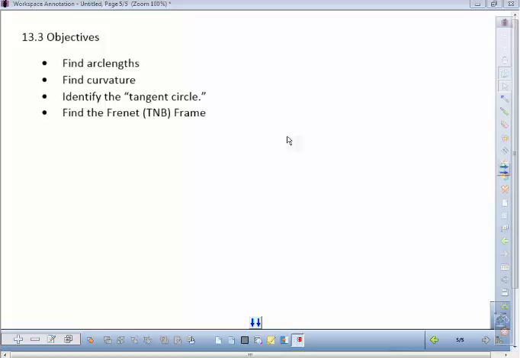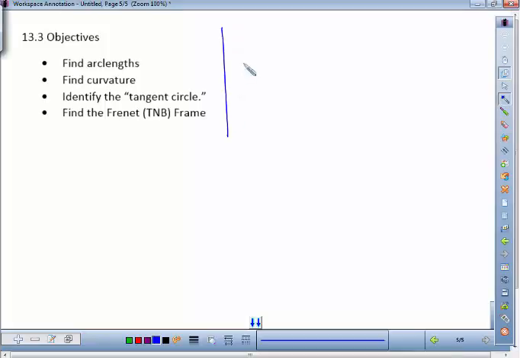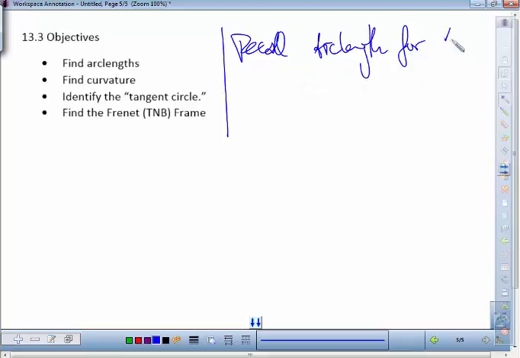I think we saw something like this before. Remember the arc length for a parametric curve, for x of t, y of t?